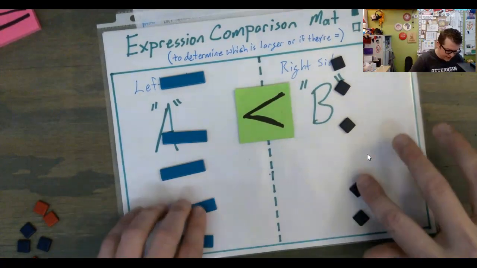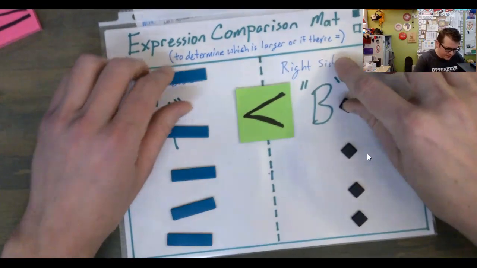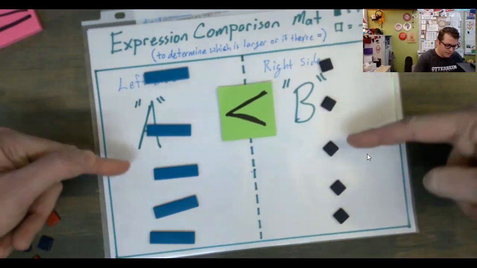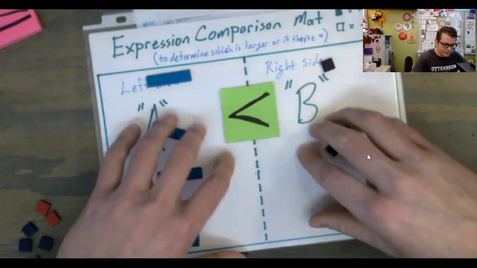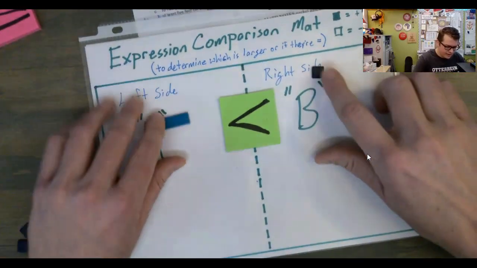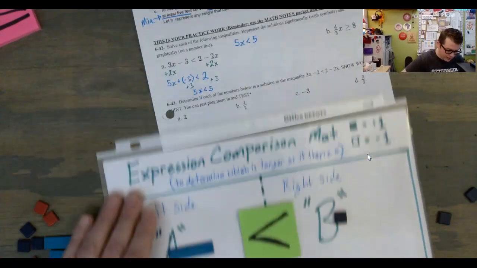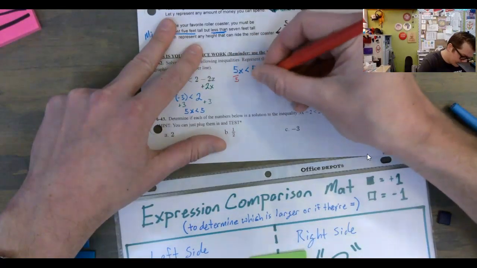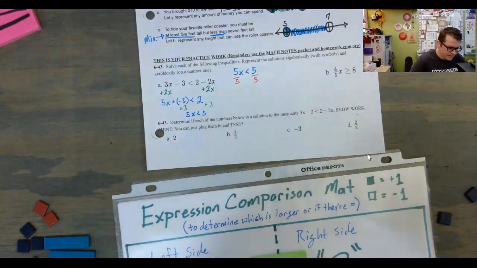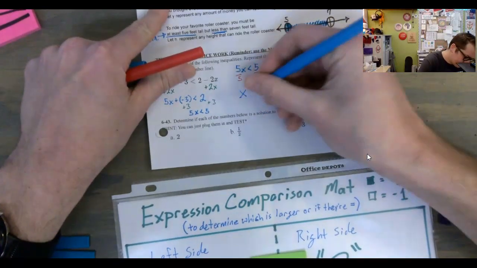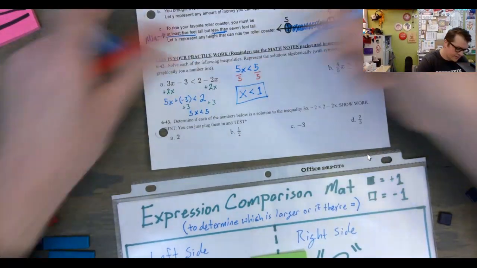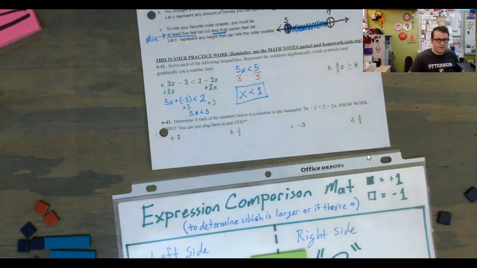And if I split this into 5 groups, each group on the left side is an x. Each group on the right side is a 1. So really, by dividing by 5, we just only leave x and 1. So how I show that is we divide by 5. And x is less than positive 1. And that is how we solve a problem like that.